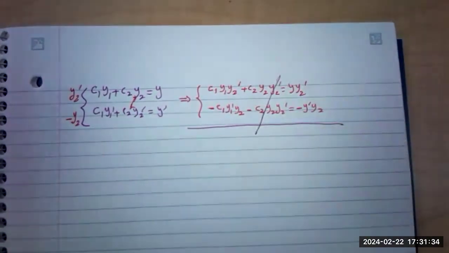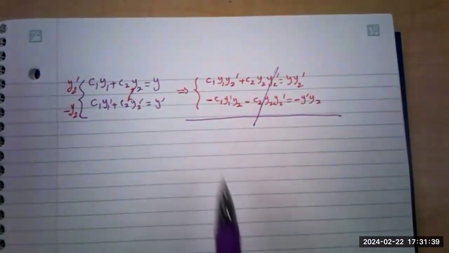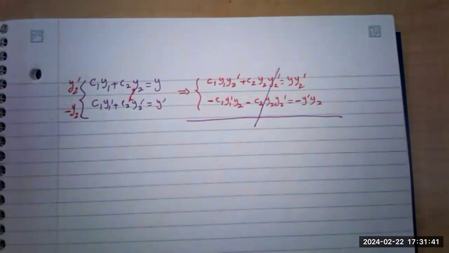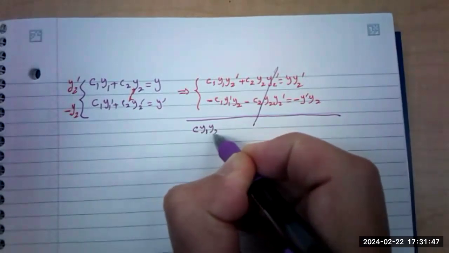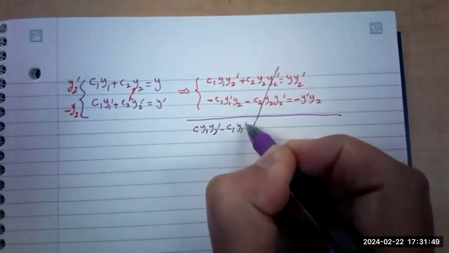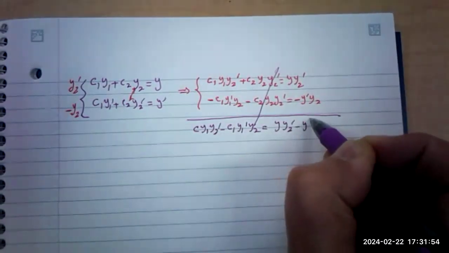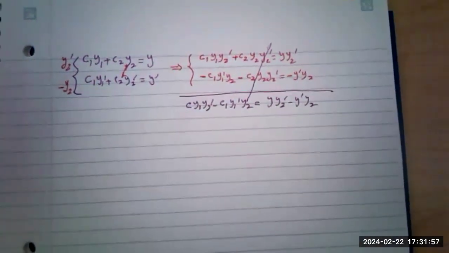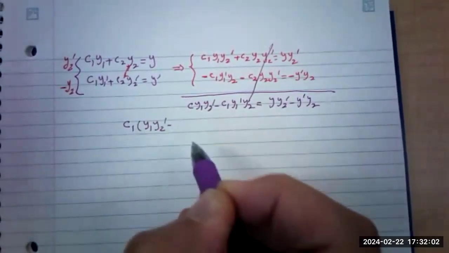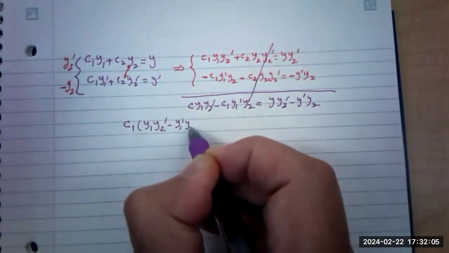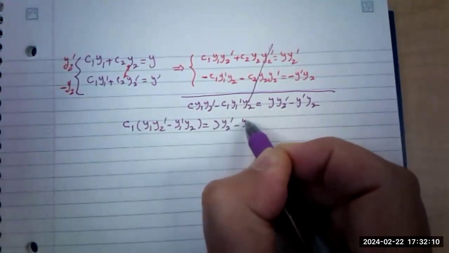These two would cancel out. If you add them together, you can factor out the C1: C1 y1 y2 prime minus C1 y1 prime y2 on one side, and y y2 prime minus y prime y2 on the other. Factor out C1, that gives C1 times (y1 y2 prime minus y1 prime y2) equal to y y2 prime minus y prime y2.